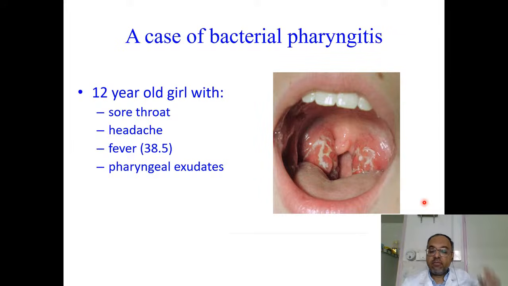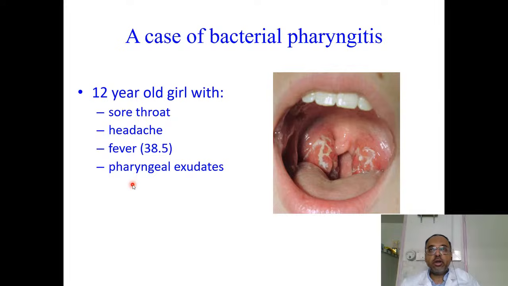So here I have a picture of the physical examination of a 12-year-old girl who has been referred to a clinic with sore throat, headache, fever, and pharyngeal exudates. So this is an example of sore throat or pharyngitis, to use the technical term. Sore throats or pharyngitis can be due to viruses, called viral pharyngitis, or it can be due to bacterial pharyngitis.